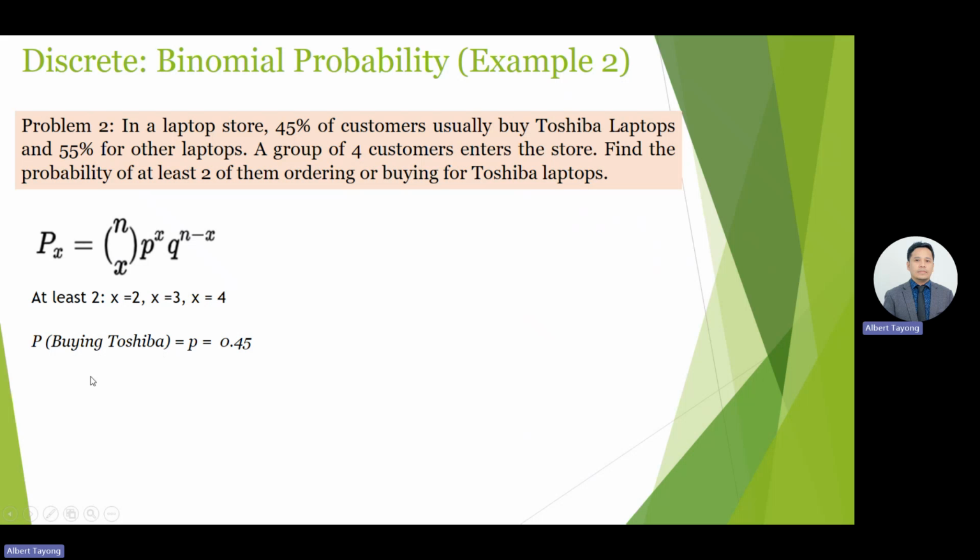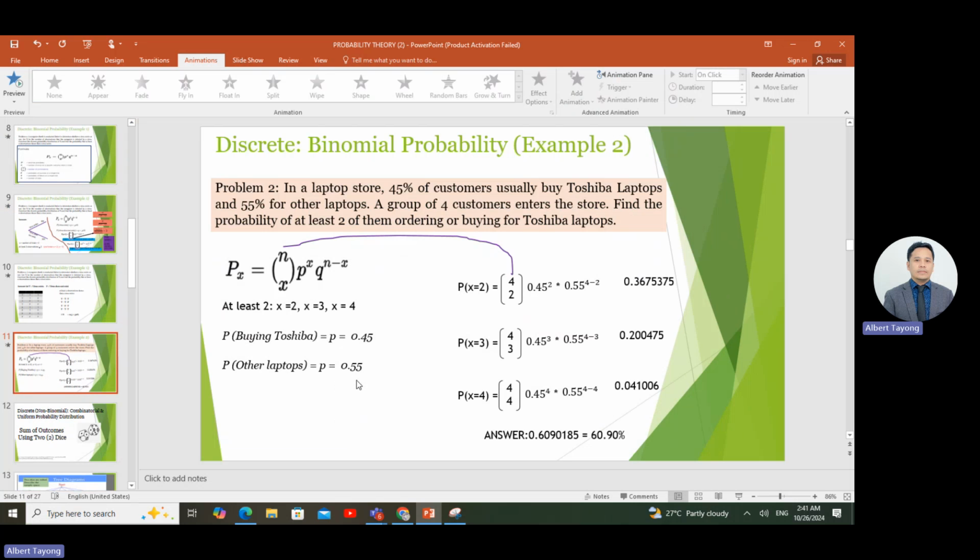The probability of buying Toshiba is our p, that is equal to 45% or 0.45. Other laptops is the opposite, of course, 55%. That is our q.